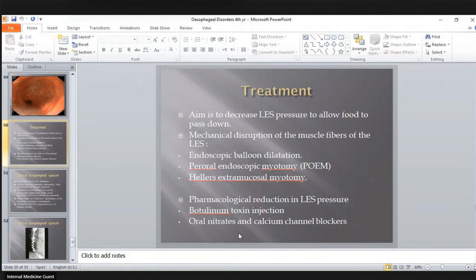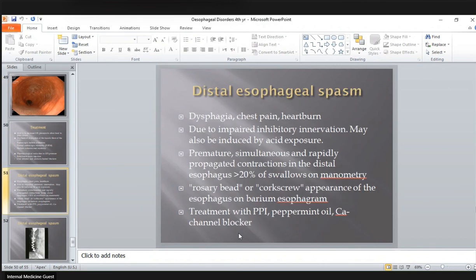Now, the other motility condition is distal esophageal spasm. These patients present with dysphagia, chest pain, heartburn, again due to impaired inhibitory innervation. Occasionally it can be induced by acid exposure.